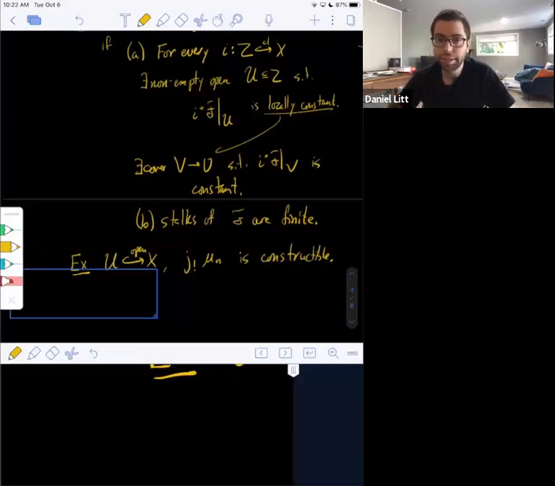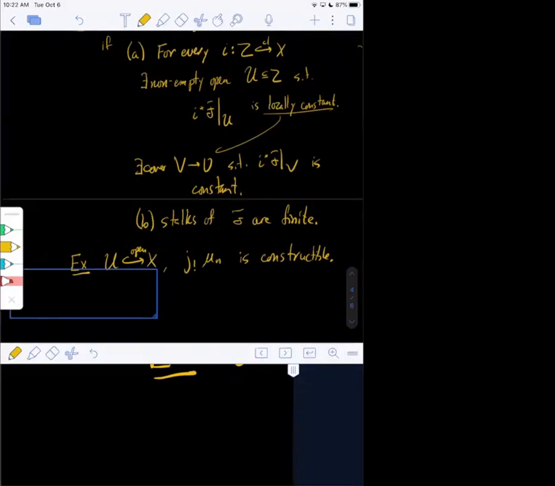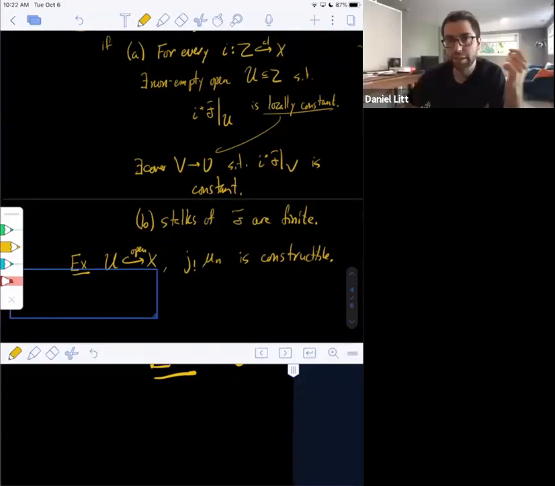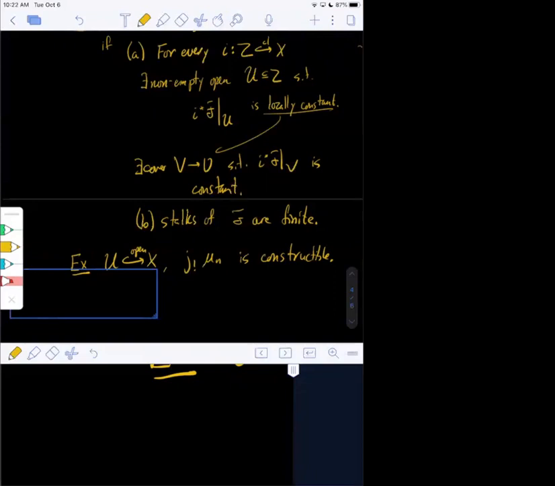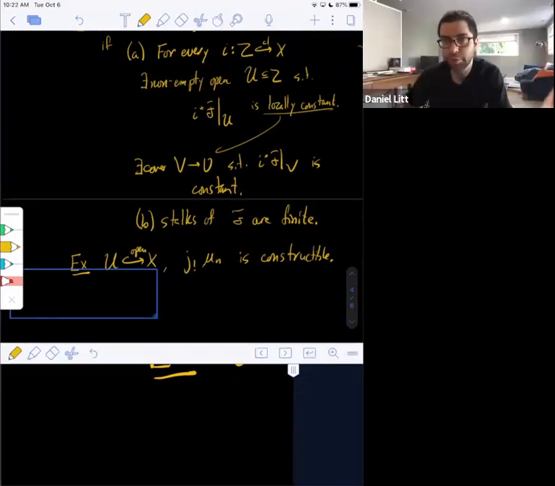So how do we check this first condition? Can anyone suggest a way? I think you can just use the intersection of U and Z. Right, exactly. So we have some Z embedding in X. If its intersection with U is not empty, we can just use the intersection with U.